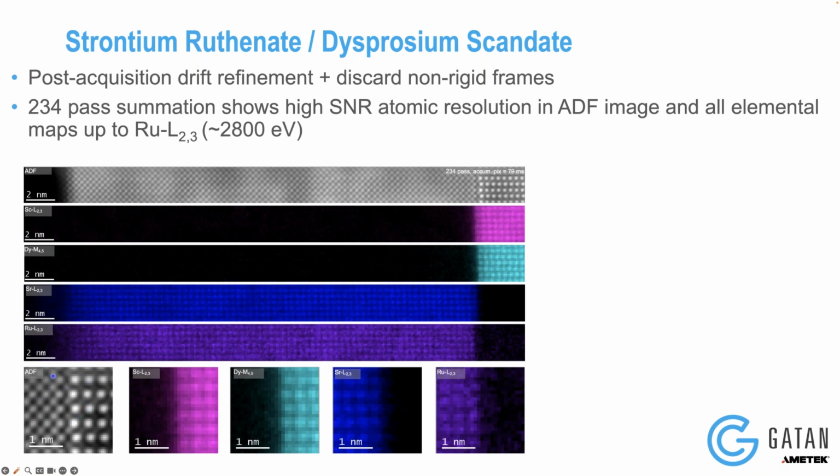You can see the ruthenium, strontium structure, really fantastic interface resolution here in the ADF. And remember, this is uncorrected, and this is with a 20 picoamp probe current. And then we've got atomic resolution in the scandium, the dysprosium, the strontium, and the ruthenium maps.